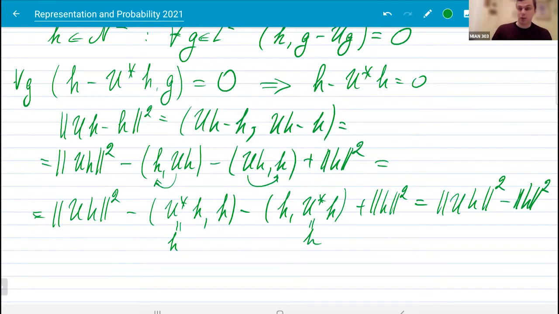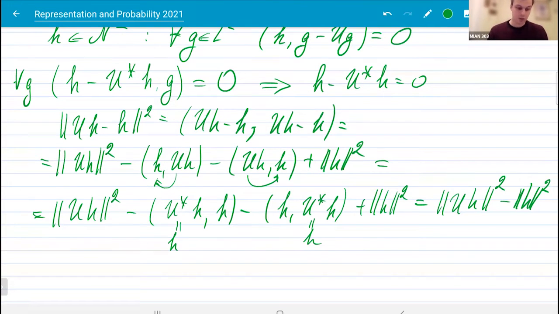Note that the U is non-expanding, so its norm is not more than 1. Therefore, UH is, so in fact its norm is exactly 1, so it is just an isometry.